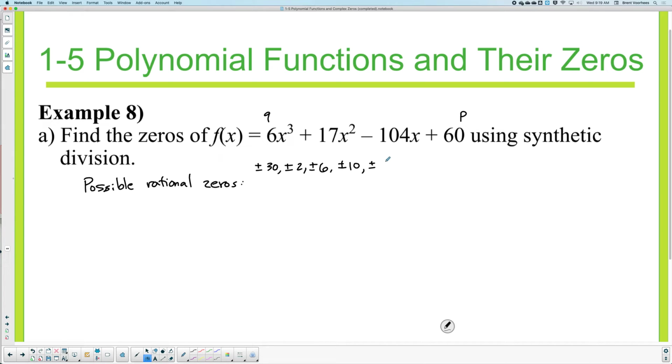I heard 5 and 12. That's a good one. 4 and 15? Okay, what else? 3 and 20. This goes on and on. What about 1 and 60?